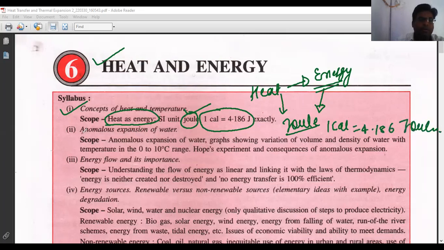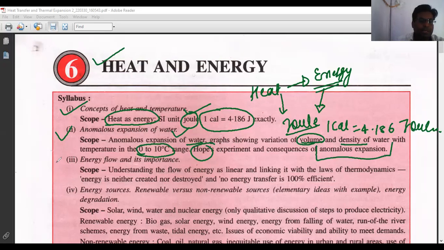Okay, now we will study the next topic, anomalous expansion of water, as we have studied earlier, right? The graph showing variation of volume and density of water with temperature in the range of 0 to 10 degrees Celsius, the experiment and consequences of anomalous expansion.